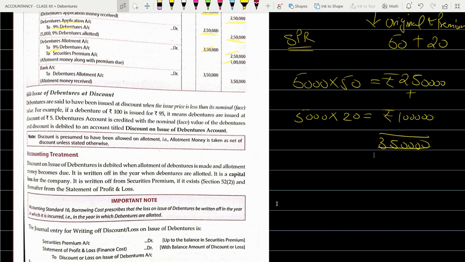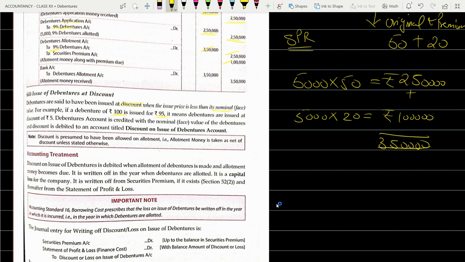So now we are going to see issue of debentures at discount. When the debenture is being issued at a lower price, then there is a discount concept. So the issue price is less than the nominal face value. For example, if 100 rupees is your face value of a debenture and 95 rupees is being issued for, then that 5 rupees will be the discount. It means the debentures have been issued at a discount of rupees 5.